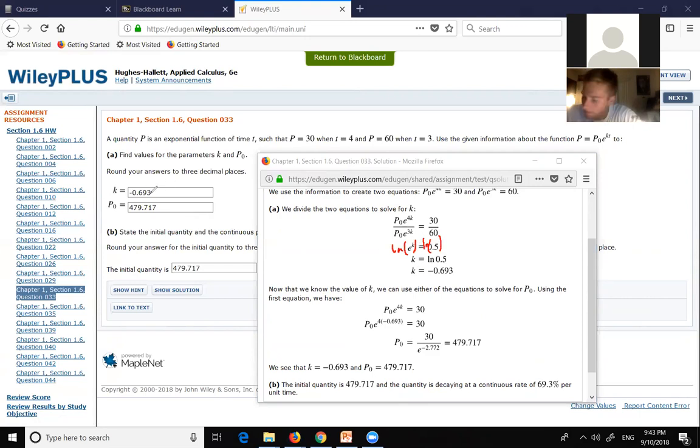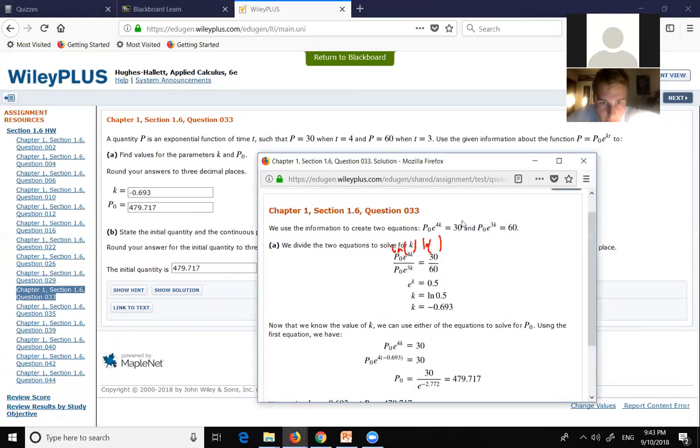And once you know the value for k, then you can plug in k to either one of the two equations here. So I picked the first one. So P naught e to the 4k equals 30.